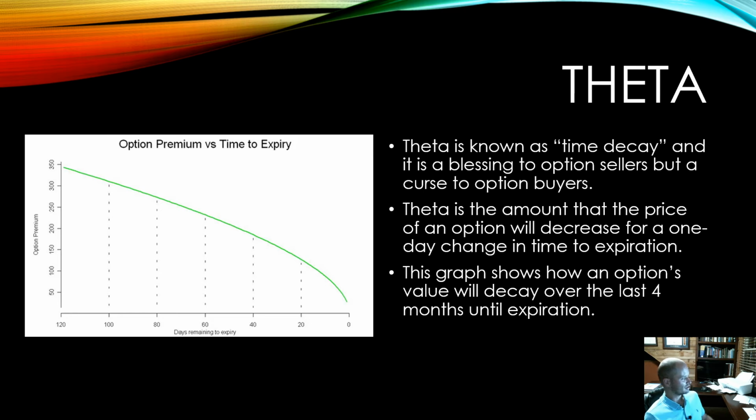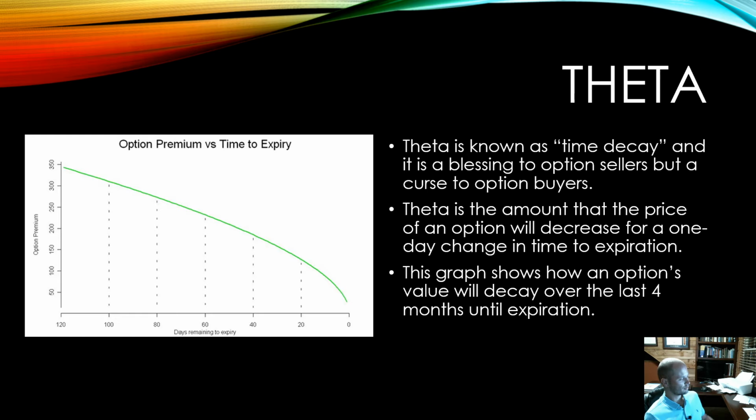And you can see how it just gradually deteriorates until expiration. And it's not a linear move, it's an exponential move where the closer you get to expiration, the greater that decay is going to be.